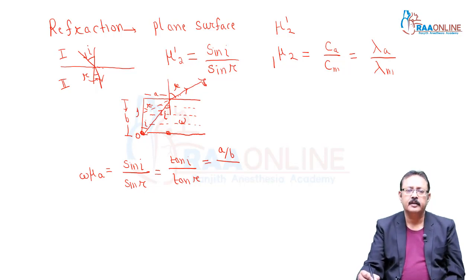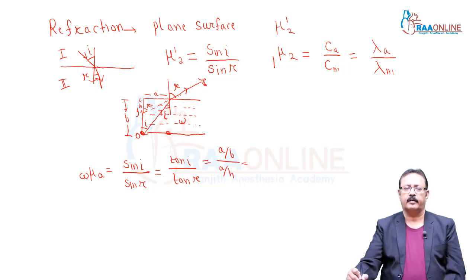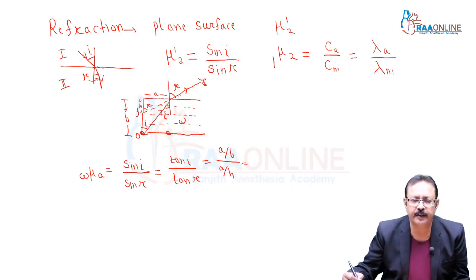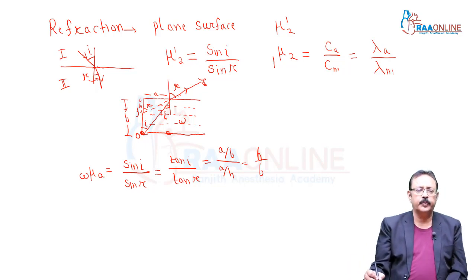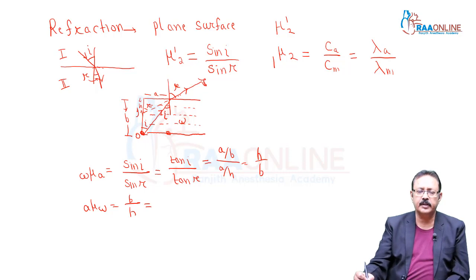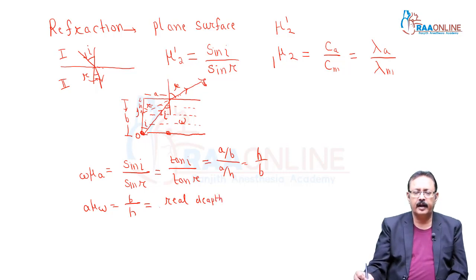Perpendicular A. Suppose this distance is H. So A by H. So what we are observing here is that W mu A is H by B. So A mu W should be B by H. What was B? B was the real depth. What is H? H is the apparent depth.